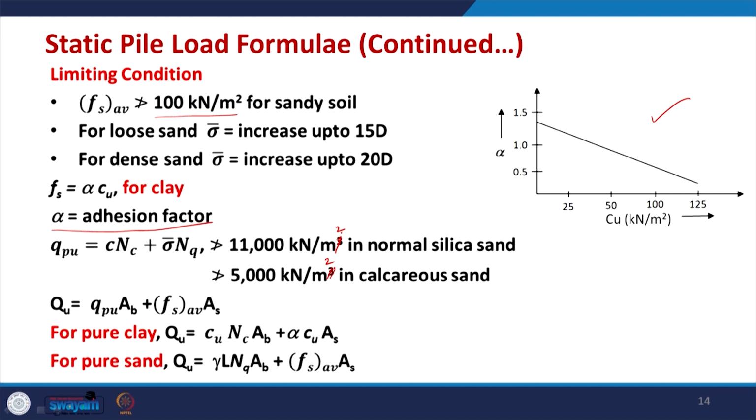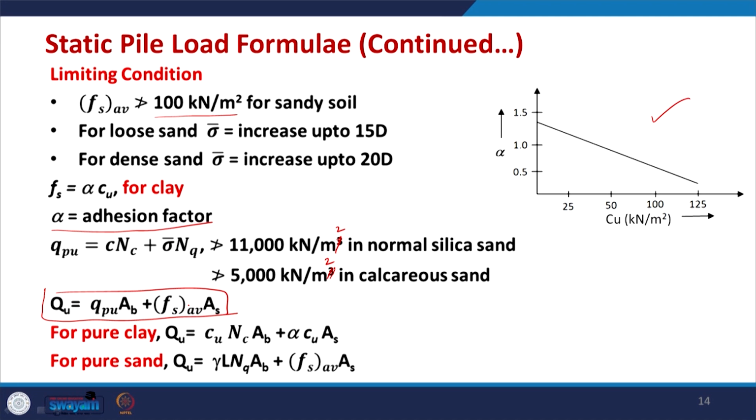Then the total QU can be found from this relation, that is the ultimate load carrying capacity of a pile using the static pile formula: QPU into AB plus Fs average into AS, where QPU is found depending on the type of soil using this equation, and Fs average also depends on whether it is sand or clay.